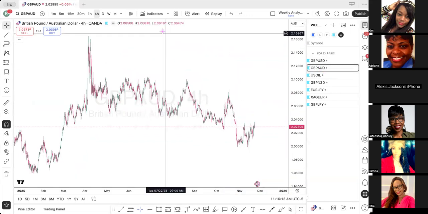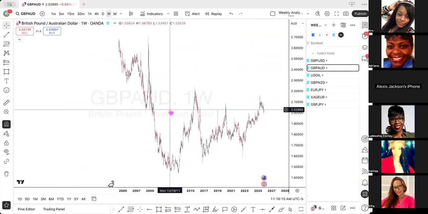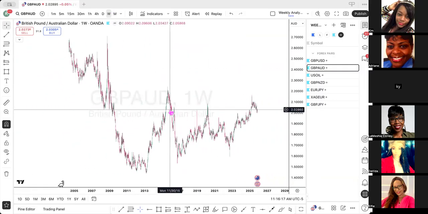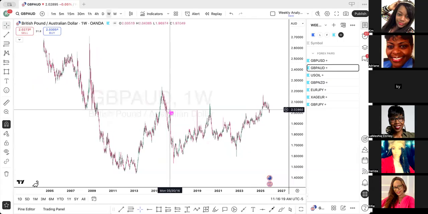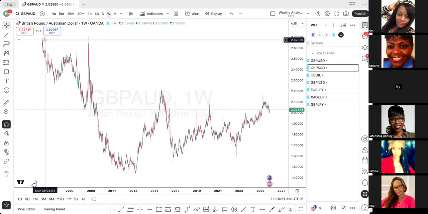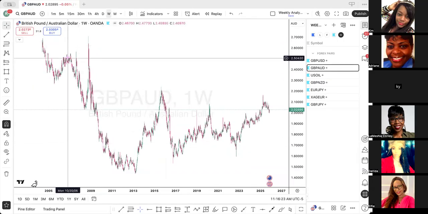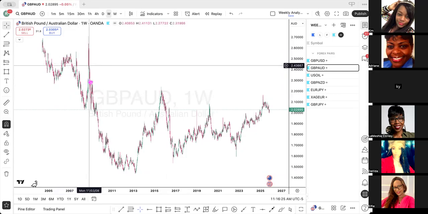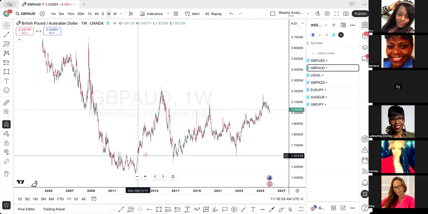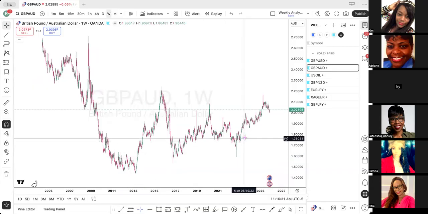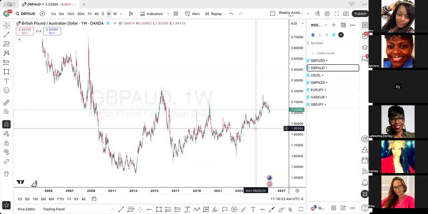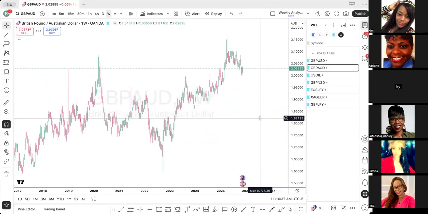Let's see, GA. Let's look at the big picture. Look at the weekly. We had a push up, push down, push up. So we're in bearish structure. So this bearish structure is pushing up to, we're currently in bullish structure.